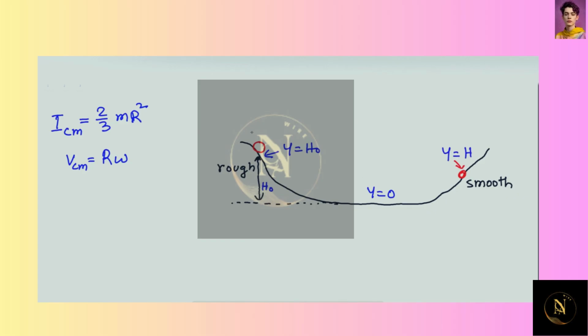So this is a two-step problem. First we'll be comparing the energies at this point and the valley. Then we'll do the same thing with the valley and height h. So first we'll be dealing with this part, then we'll do the other one.